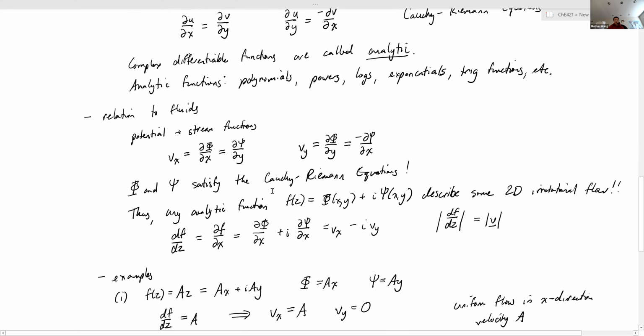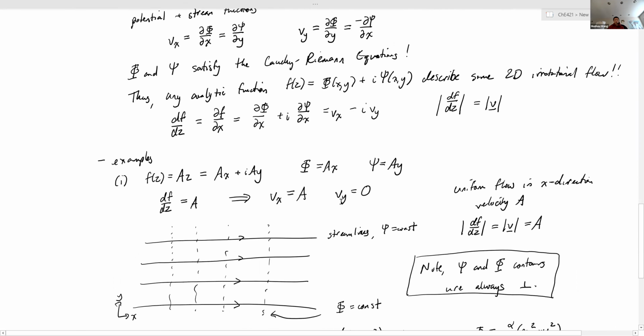And so it turned out that by extension, any complex differentiable function, again, we call those analytic functions, is actually just equivalent to some 2D irrotational flow, where the real component can be written as a potential function and the imaginary component can be written as a stream function. Okay, and so you can basically write down any complex function that you want and figure out what the underlying fluid flow would be for that case.